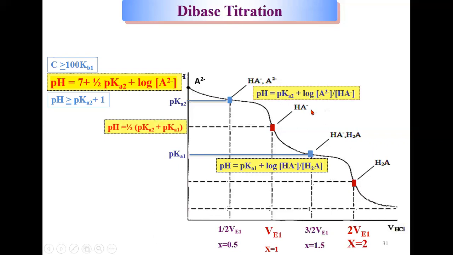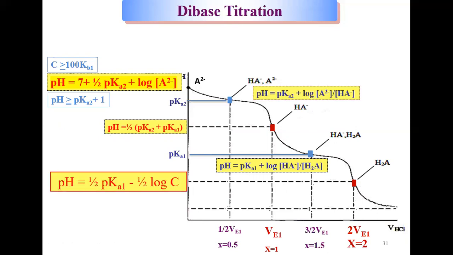My HA minus is amphoteric, and you all know that the pH is half pKa2 plus pKa1. That's easy peasy. And at my second equivalence, I only have my H2A species, where my pH is likely to be half pKa1 minus half log C, if and only if my concentration is greater than 100 Ka or my pH is less than pKa1 minus 1.